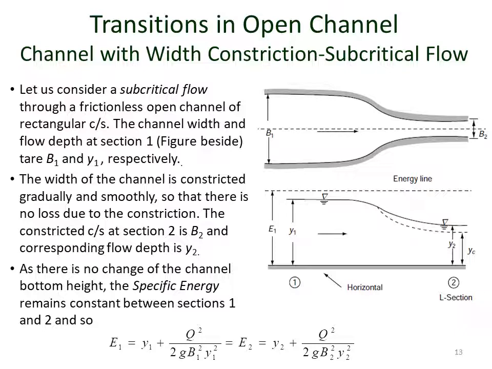The channel is frictionless, and one more assumption is that the width of the channel is gradually and smoothly constricted to attain the downstream width. So the width is reduced from capital B1 to capital B2 smoothly and gradually, so that there is no head loss due to sudden constriction in the channel.